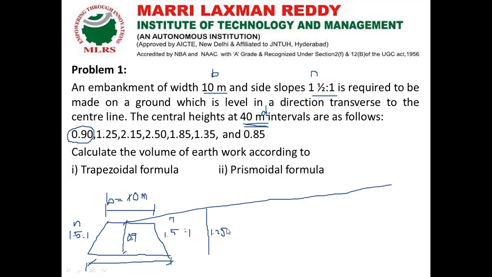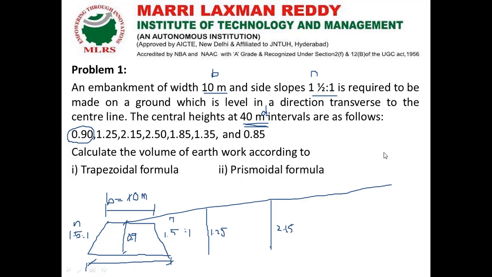Then at the third place, it is 2.15. At the fourth place it is 2.50, the fifth one is 1.85, at the sixth place it is 1.35, and the seventh place it is 0.85.